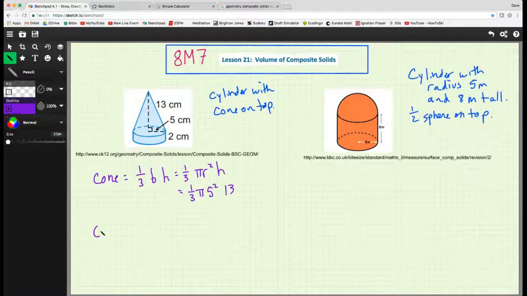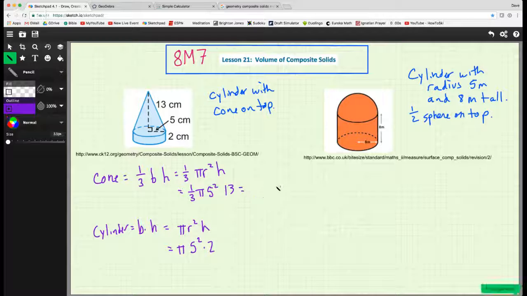Now my cylinder is just equal to my base times my height. So my base is pi r squared. Same base on that cylinder. This base here is the same for this cone and the cylinder, times height. So that's equal to pi times 5 squared times 2.